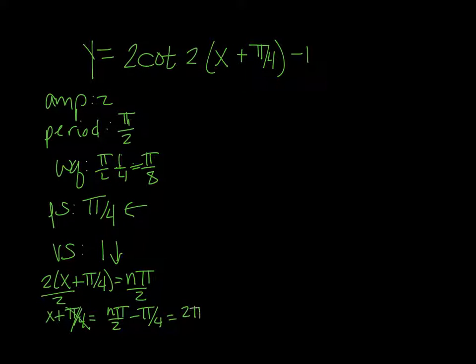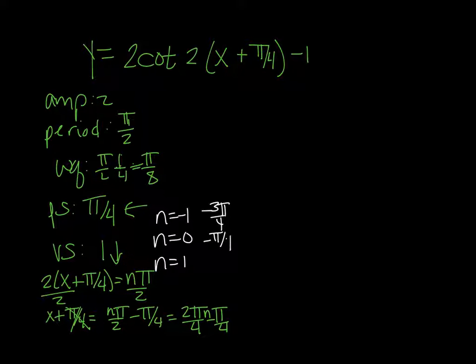So that'd be 2n pi over 4 minus pi over 4. Sorry, there's an n in there. So now, for my asymptotes, let's just do -1, 0, and 1. If we plug in -1, we will get -3 pi over 4. If we plug in 0, we'll get negative pi over 4. And if we plug in 1, we'll get pi over 4.